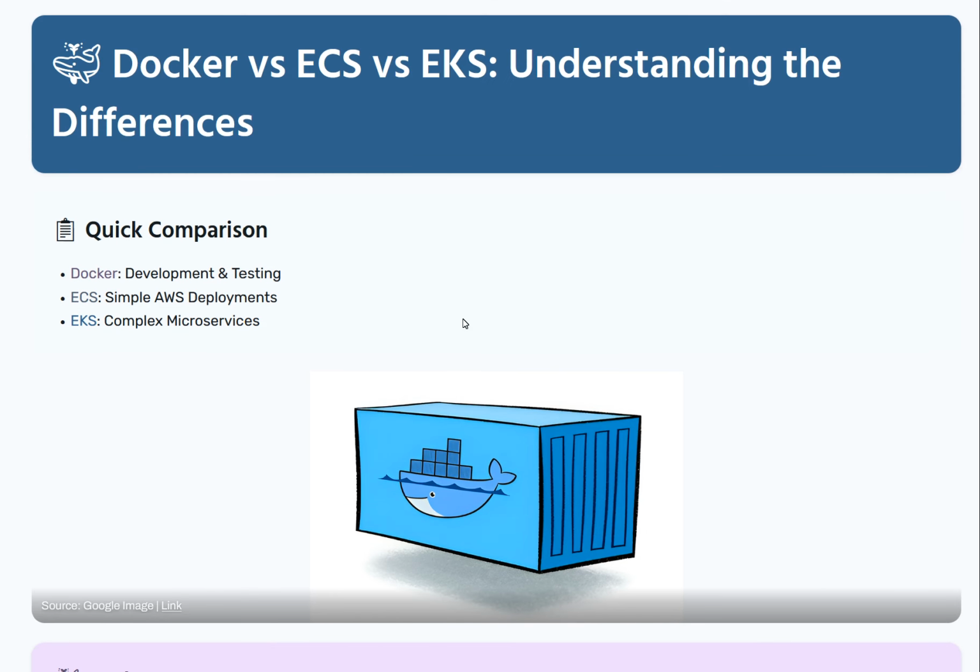So let's discuss some more details about Docker versus ECS and EKS. So understanding the difference. Docker is the simplest container. So a quick comparison. Here it says Docker is for deployment and testing, and ECS is simple AWS deployment with orchestration of Docker, and then EKS is for complex microservices, right?